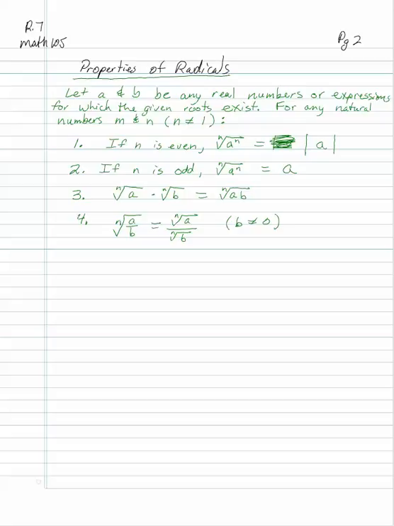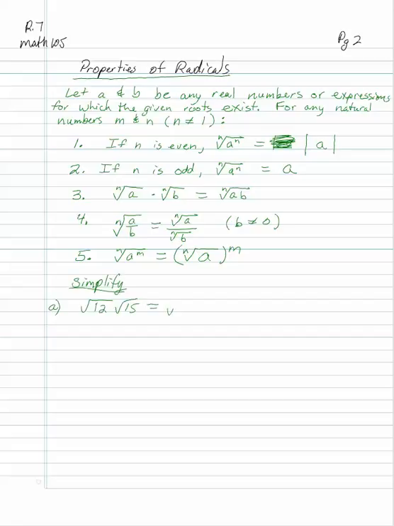And then the 5th one, the nth root of a to the m is equal to the nth root of a, you can move that exponent to the outside. Alright, so those are some properties of radicals that should be reviewed for you. So let's try a couple of problems.